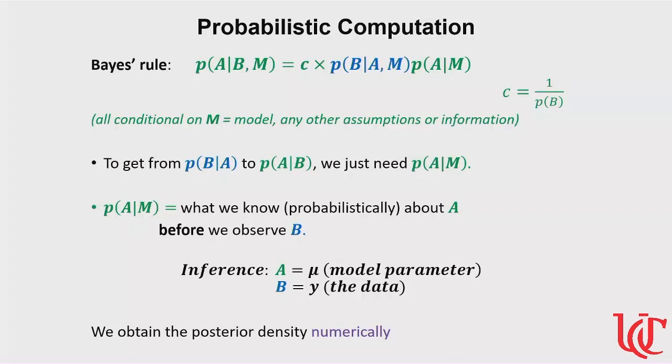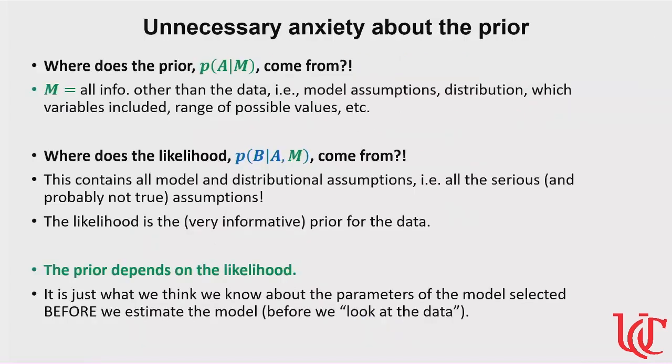That's just what we know probabilistically about A before we observe B, before we use the information to know B. In inference, A is the model parameter we're interested in, or whatever quantities we're interested in, the prediction and so on. And B is the data. And we're going to do all this numerically. That's the beauty of all the computational power.